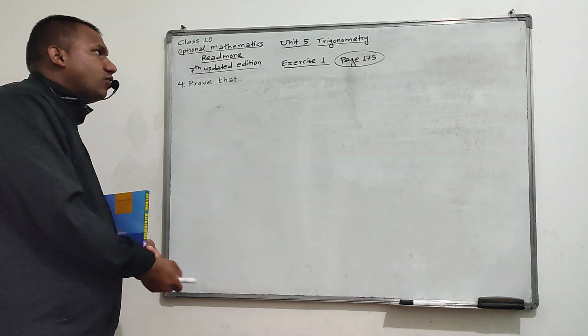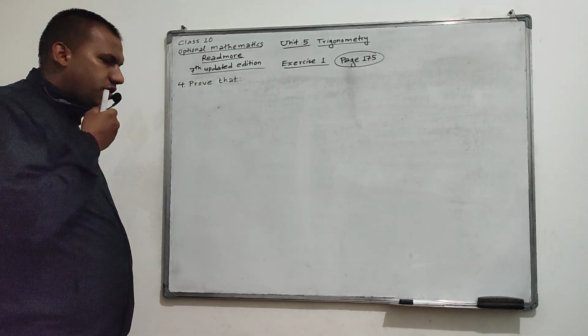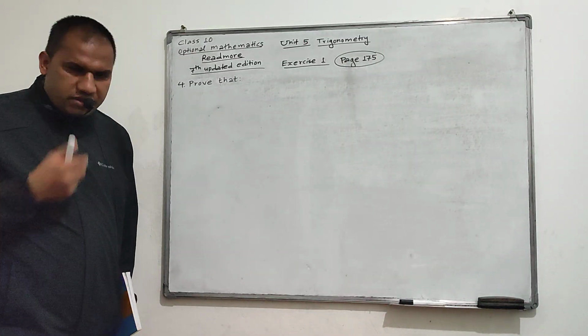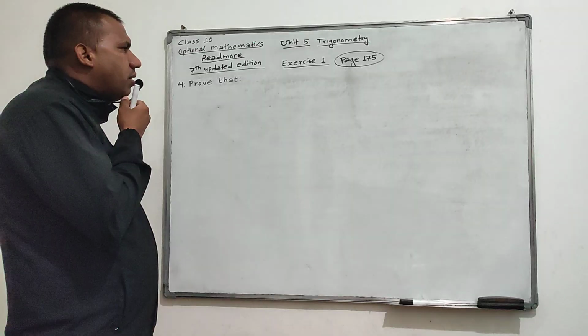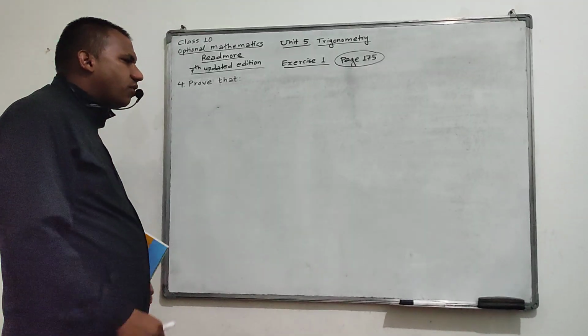Today we do some questions from Class 10, Readmore Opt. Maths, 7th Edition, Unit 5, Trigonometry, Exercise 1, page 175. Continue, question number 4.